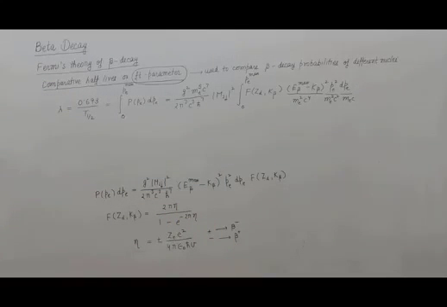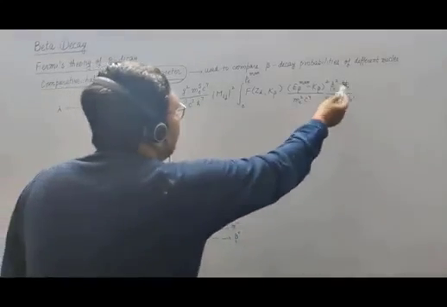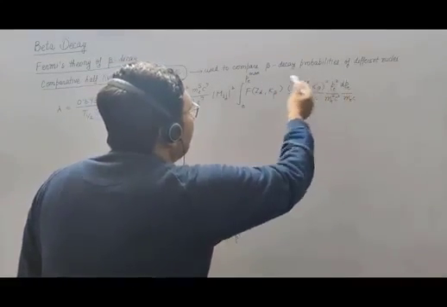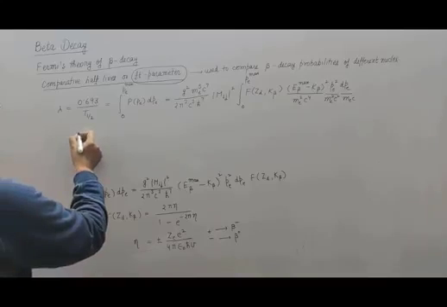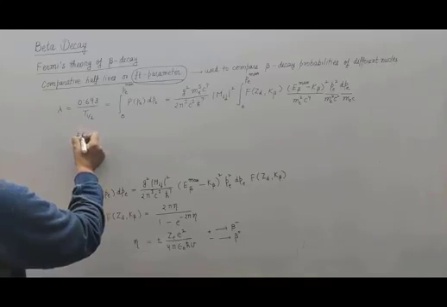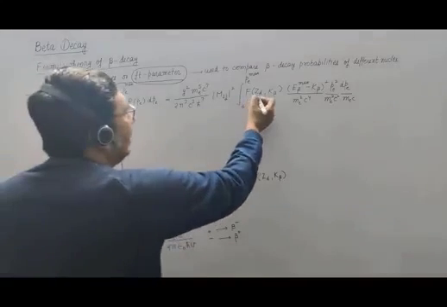Now this becomes dimensionless, and this dimensionless integration is known as the F value. So how is this F value defined?